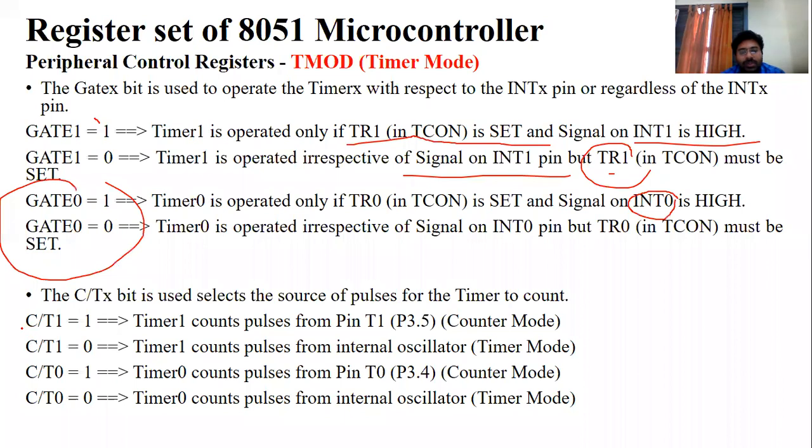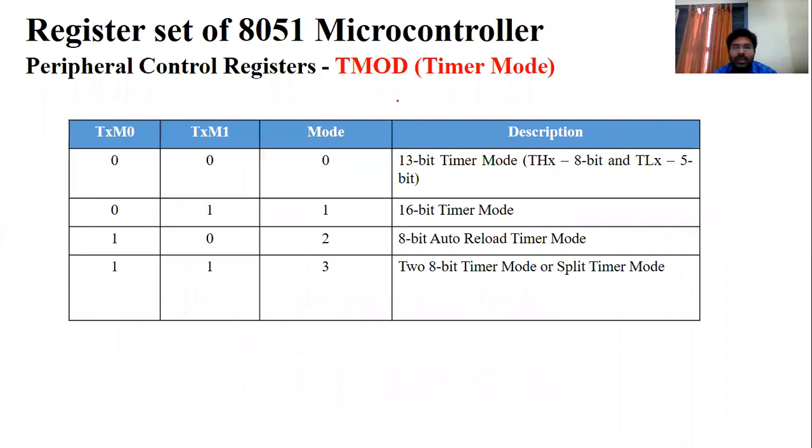Likewise, the counter and timer registers are especially used in port 3, bits 4 as well as 5. Now see the different timer modes: 13-bit timer mode, 16-bit timer mode, and 8-bit timer mode, the mode splitter.